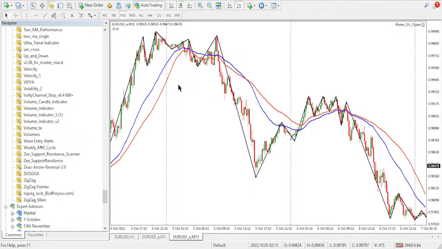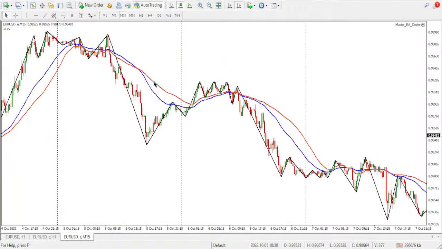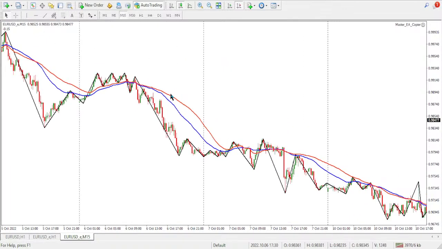We'll attach that later, so that you see exactly what I'm driving at. Anytime you have the slow period moving average above the fast period moving average, that means we are in a downtrend.